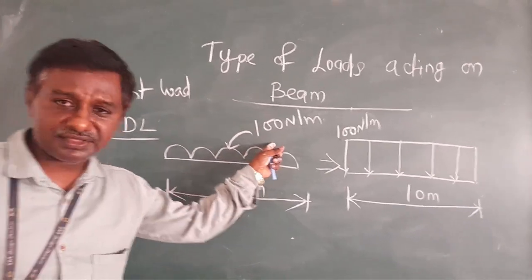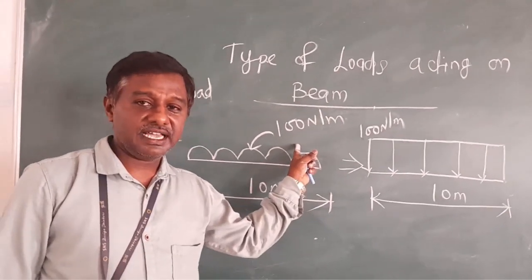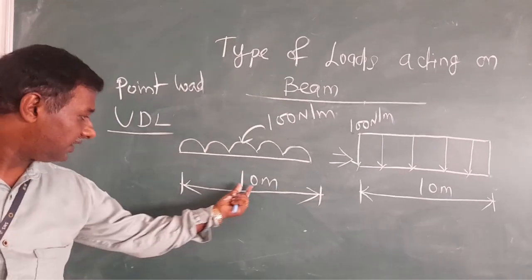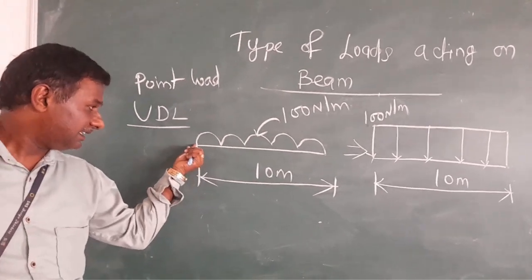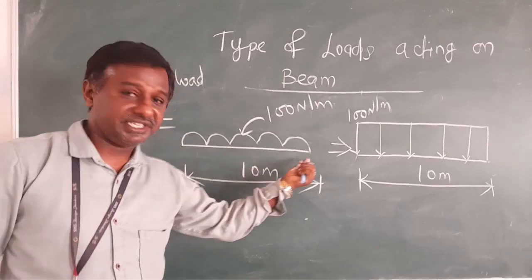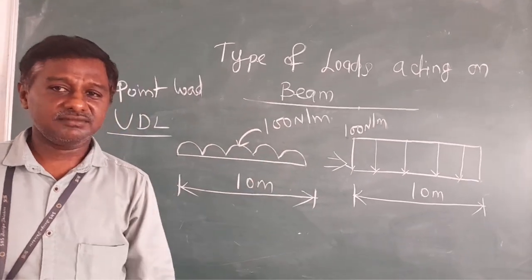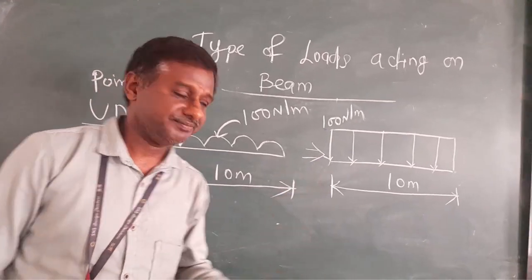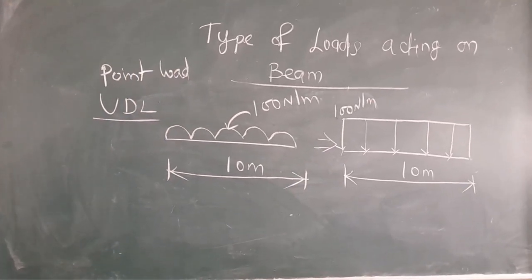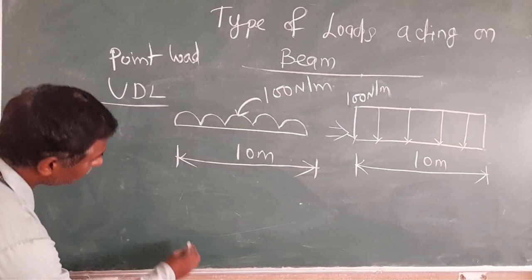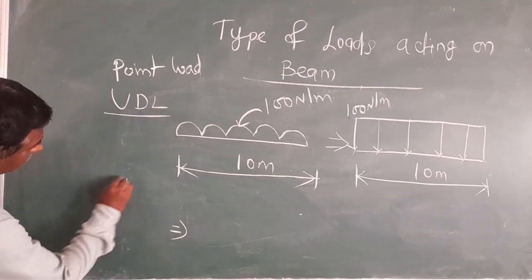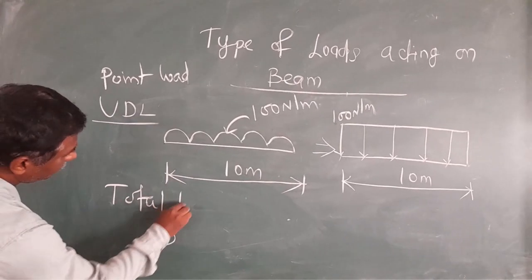Let's take 100 Newton per meter as known, and where the load is active. For 10 meter, it acts from this point to this point, or 0 to 10 meter. Those things we are going to discuss here. For uniformly distributed load, we have to get the total load. How to find it?